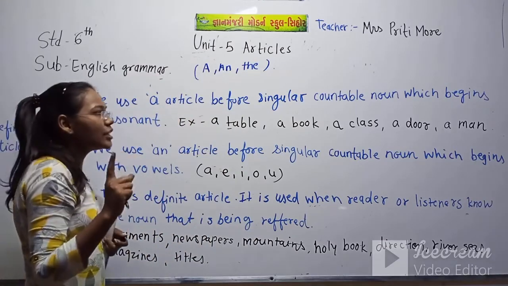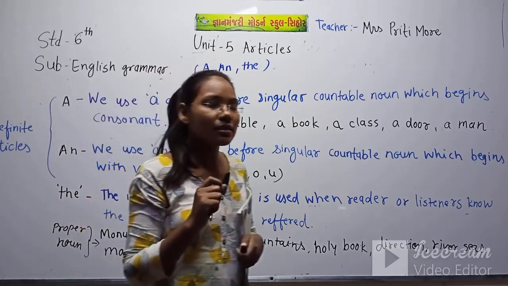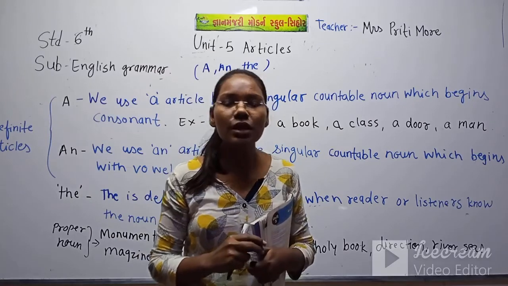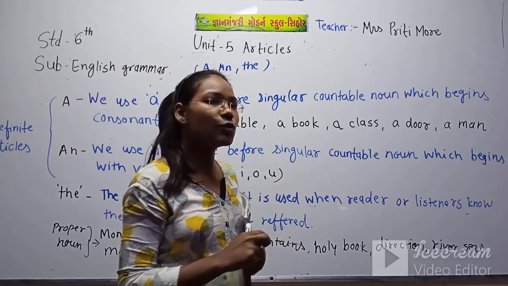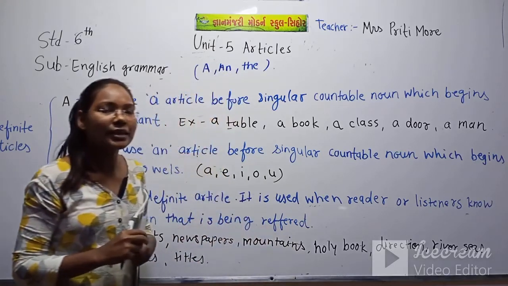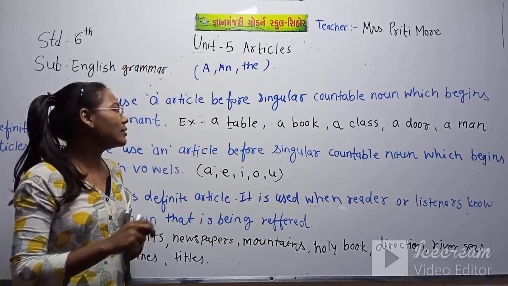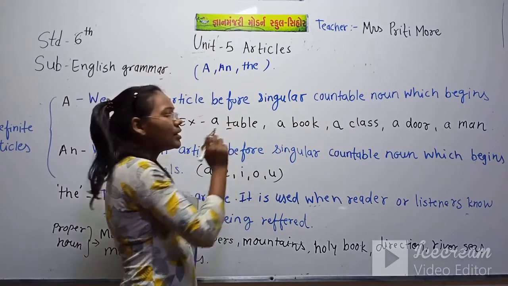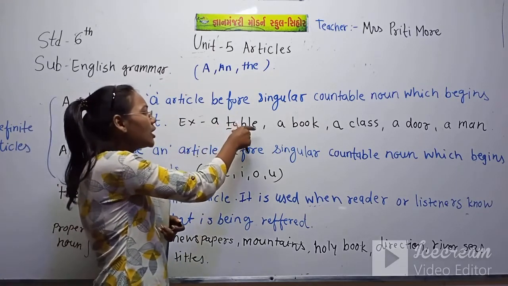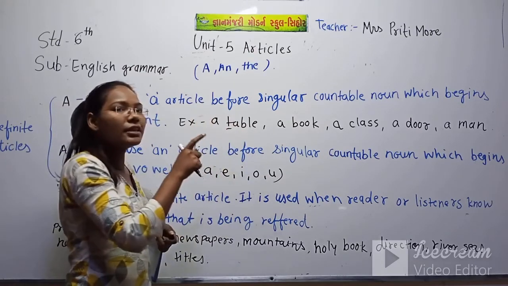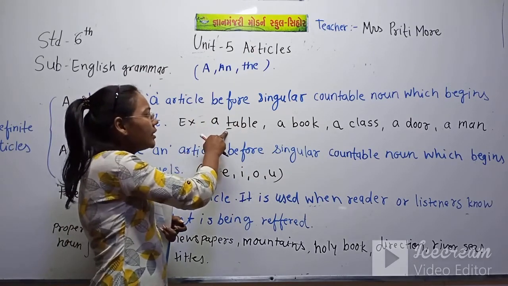So if the singular countable noun begins with a consonant, that time we use a article. Here, the word table is a singular countable noun beginning with T, a consonant.